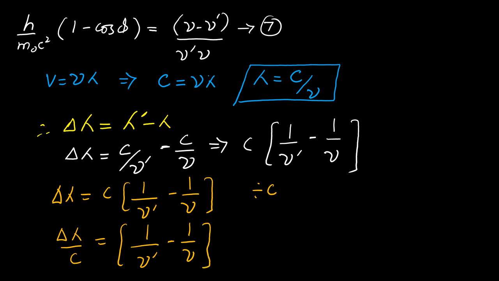So now when we take the LCM, we will basically get this equation as nu minus nu prime divided by nu into nu prime, which means that lambda prime minus lambda divided by c is equal to nu minus nu prime divided by nu into nu prime. So suppose that this is equation number 8.